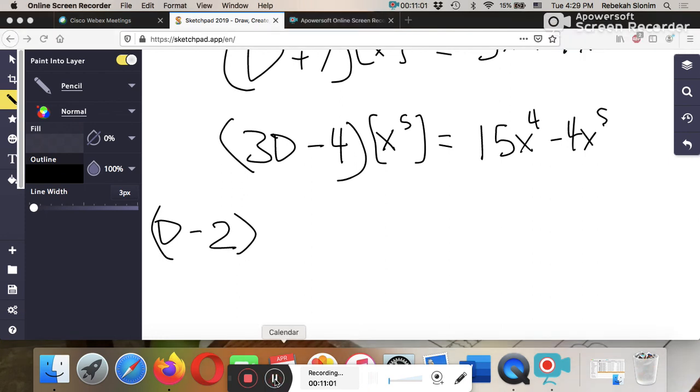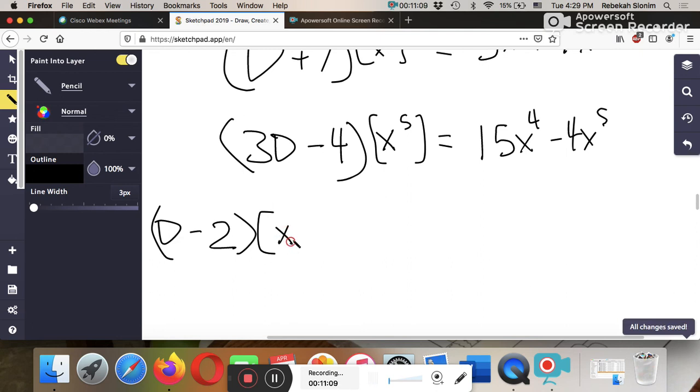Okay, I'm all plugged in now, and I want to do D minus 2 applied to the function, let's take x to the fifth plus e to the 3x. Okay, so what do we think that's going to be? Again, you can pause here and do it, and maybe that would be a helpful exercise.